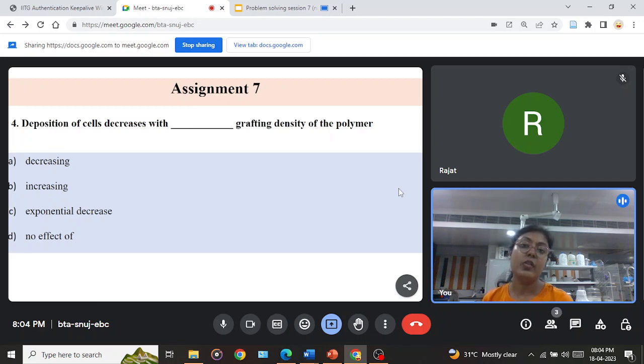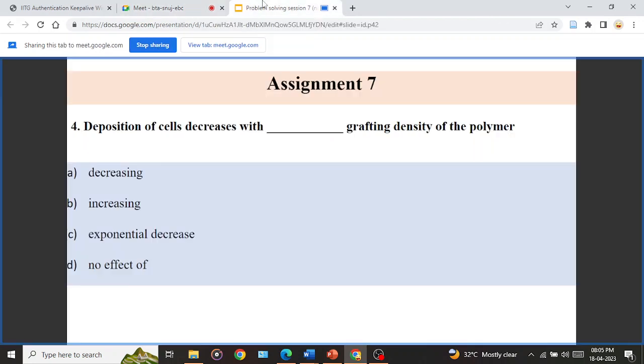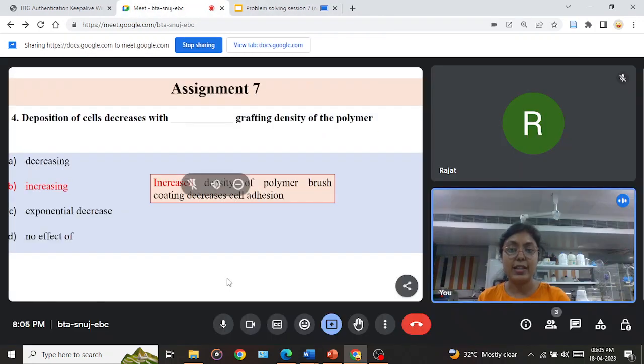We studied that when we graft these polymers, or have polymer brush coatings over a surface, the lower the distance between any two polymers, the more it will repel the cells from adhering to the surface. So the cell deposition will decrease, right? So the correct answer would be option B, that is increasing.